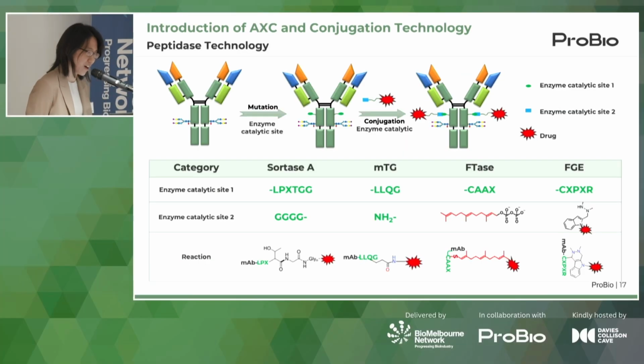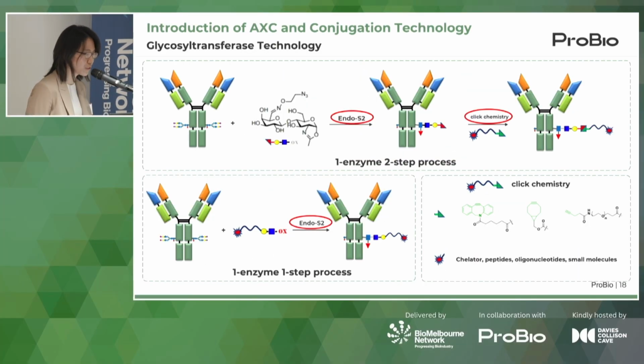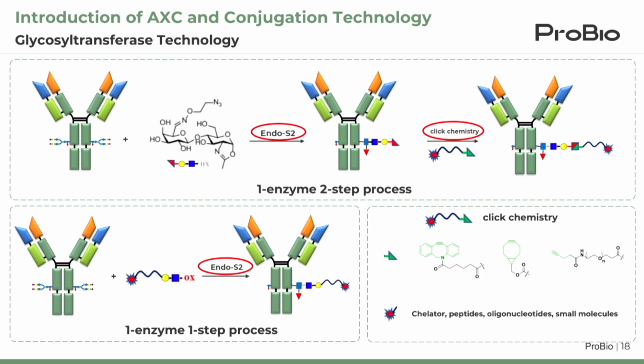And lastly, there have been a lot of cases utilizing glycosyltransferase technologies for site-specific conjugations. So the basic idea is to leverage the natural glycan residue structures in the Fc fragment of the IgG, and utilize these enzymes to introduce some engineered sugar residues that contain chemical reactive groups such as azide, and subsequently through click chemistry directly link the linker payload to these specific sites.